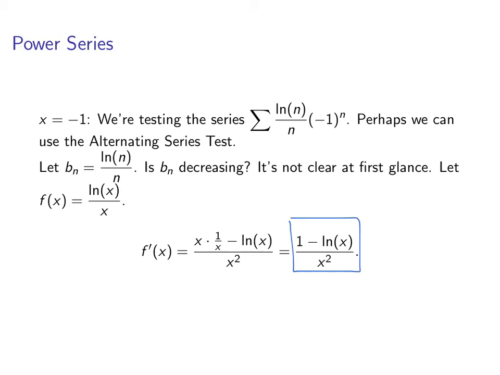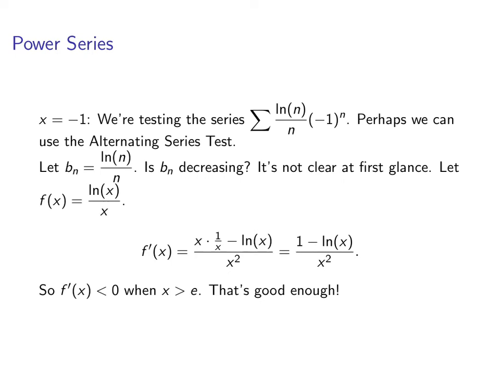We want this f prime of x to be negative. Well, log x is going to have to be greater than 1, and that's good enough. We only need the sequence to be eventually decreasing. So we've proven that the function is eventually decreasing. That means the sequence b sub n is eventually decreasing.